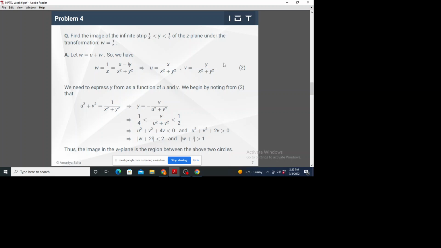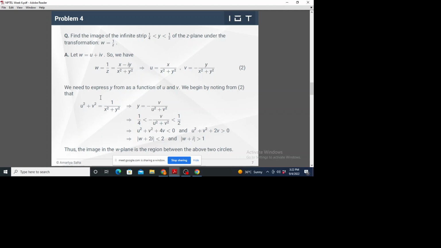Since there is no restriction on x, we have to eliminate x from 2 and see what we get. Again we have to rely on our observation.